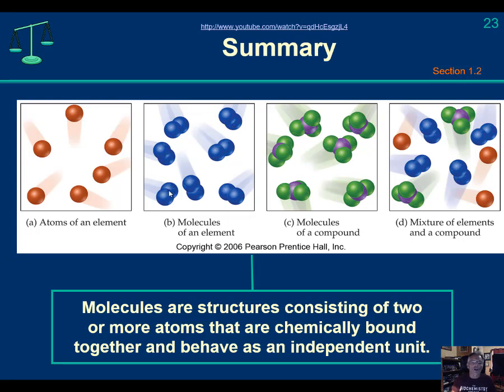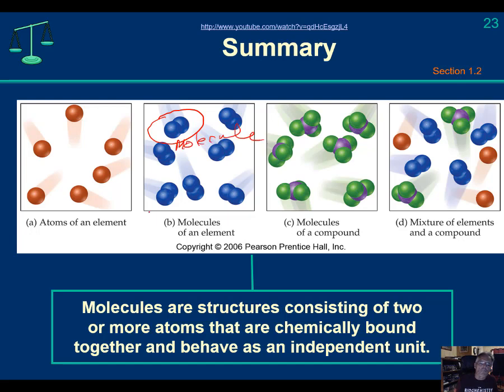This is most closely resembling, let's say, N2, nitrogen, and it is a diatomic molecule. And so we would call this a diatomic molecule. And that is simply more than one atom that is connected to the same type of atom, and so we would say this is a molecule.